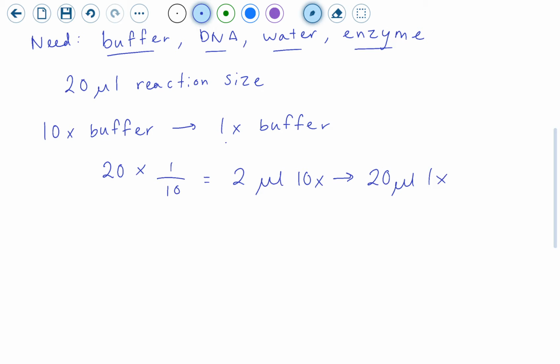Now our next ingredient is DNA. DNA comes in all different sorts of concentrations, and that depends on your sample. In class, the example we used was 7 microliters of DNA per microgram. This time I'm going to do 5, just so we have some variation.